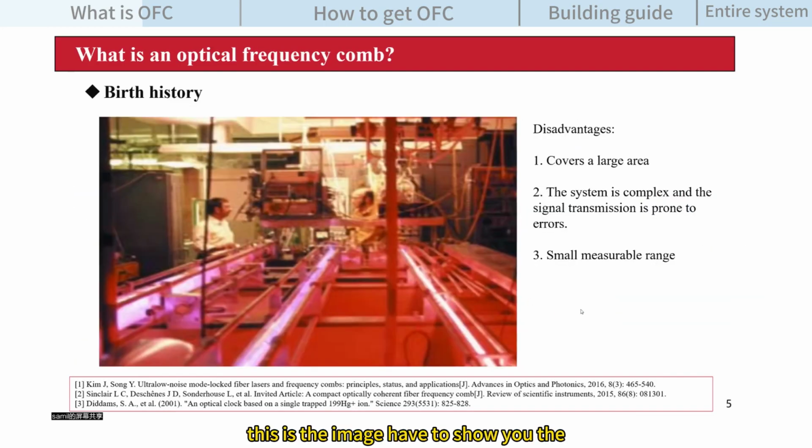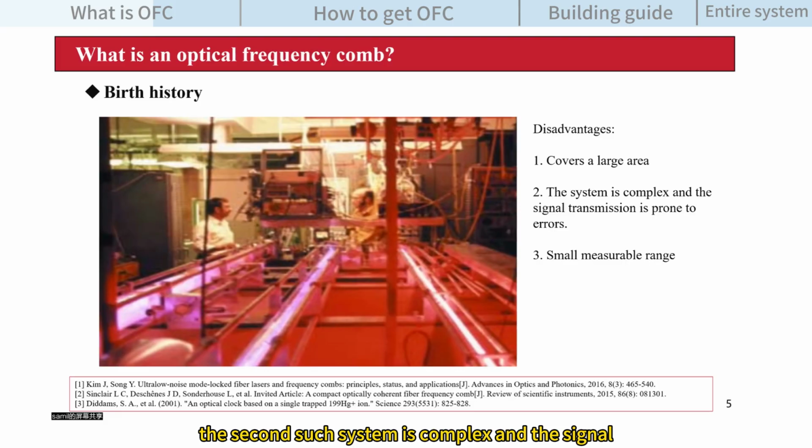This image shows you the complete optical frequency division system. This is a picture from NIST. So we can see some disadvantages of such technology. First, they need a large area to put these things.